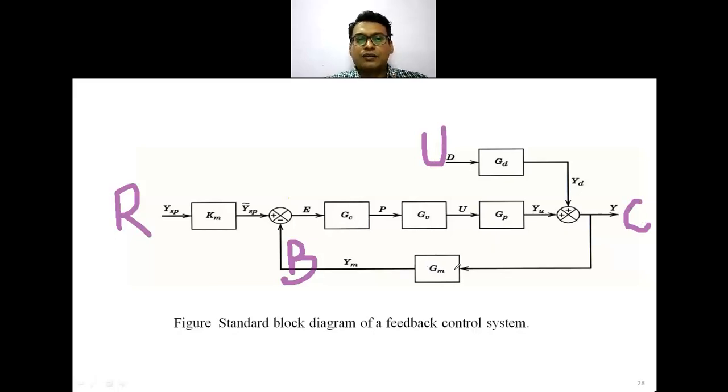Then this set point is provided, it goes to the comparator, then this generates R minus B, which is going to give you the error E, that goes to a GC, that is a controller.